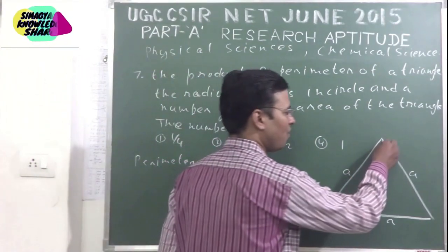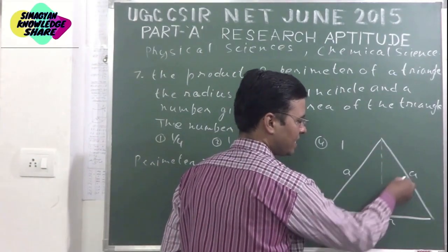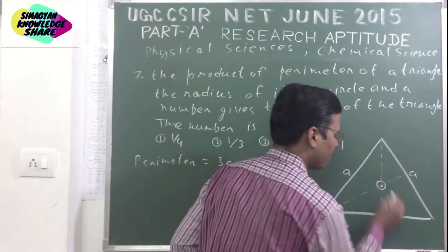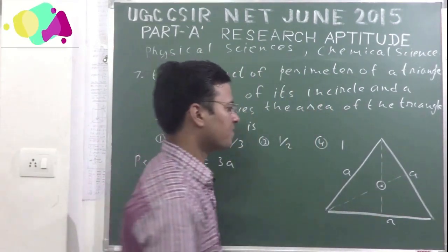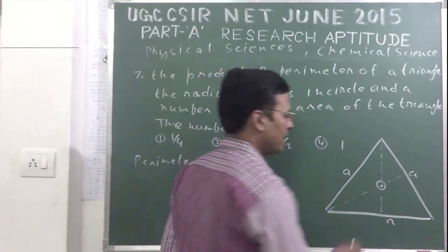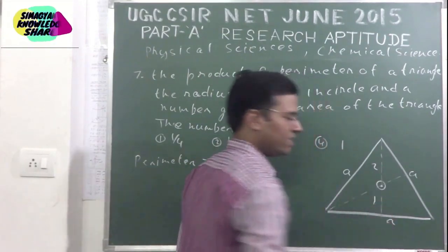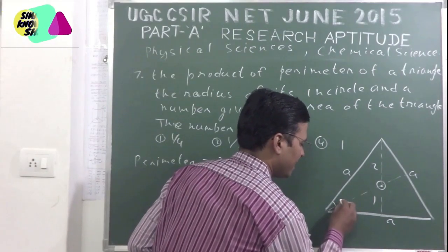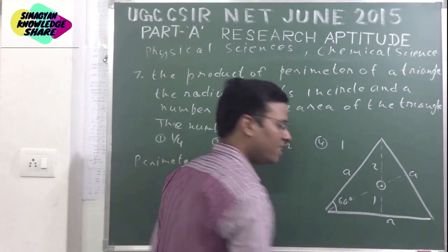The center is the geometric center of the triangle, which divides the median in 2:1. Now the angle here is 60 degrees.